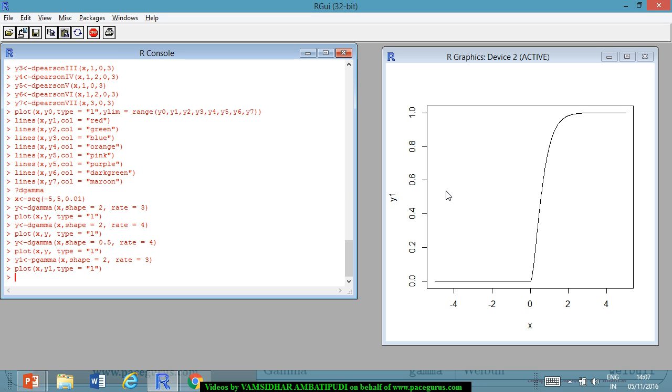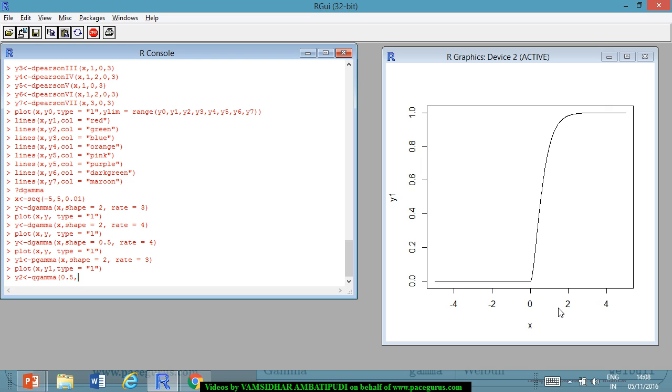And now let's say I want to find out what is the typical value of x corresponding to 50%, corresponding to a probability of 0.5, what is the corresponding value of x? This is where I can use the qgamma. So if I say y2 where I am using qgamma, again let's say I want the probability associated with 0.5, 50%, which is like a median value for me.